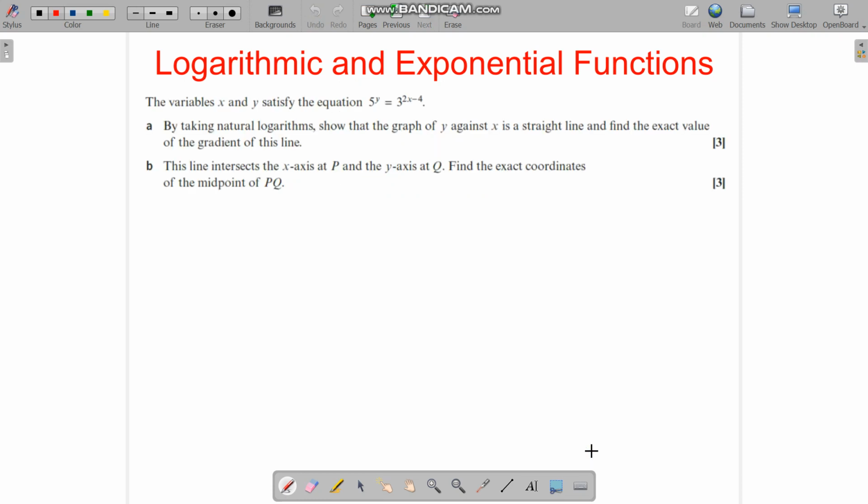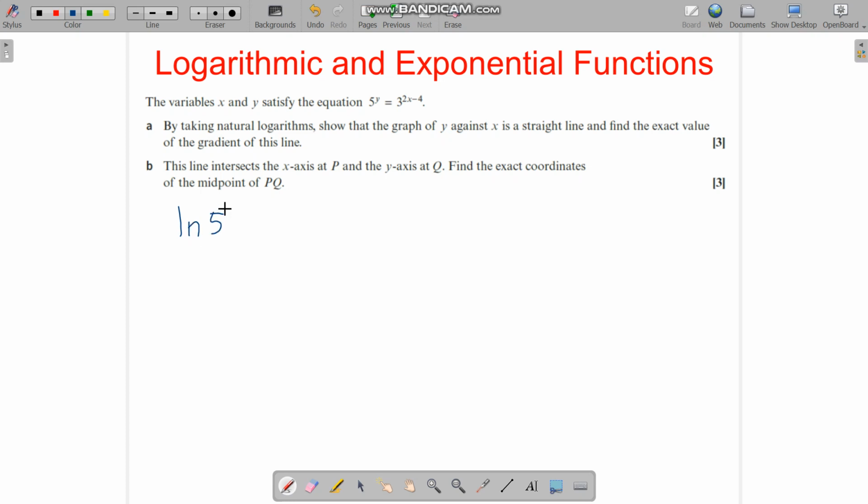The variables x and y satisfy the equation 5 to the power of y equals 3 to the power of 2x minus 4. By taking natural logarithms, show that the graph of y against x is a straight line. Find the exact value of the gradient of this line. So let's just ln both sides.